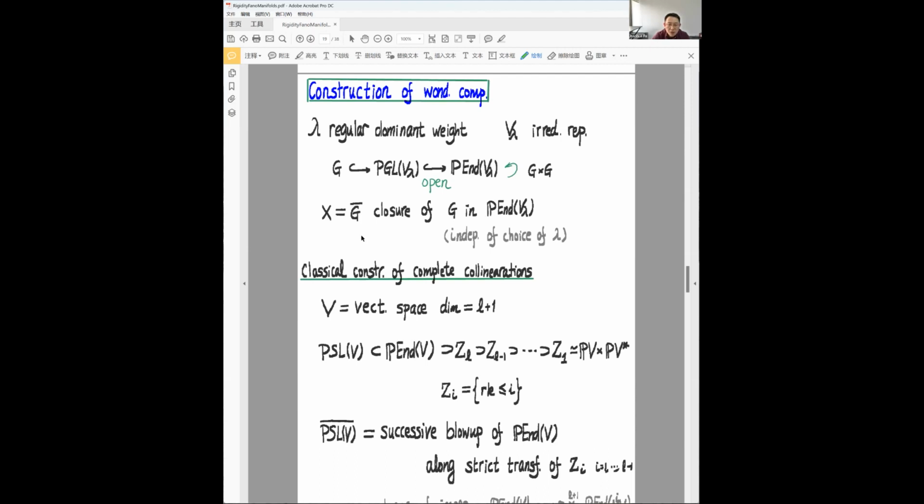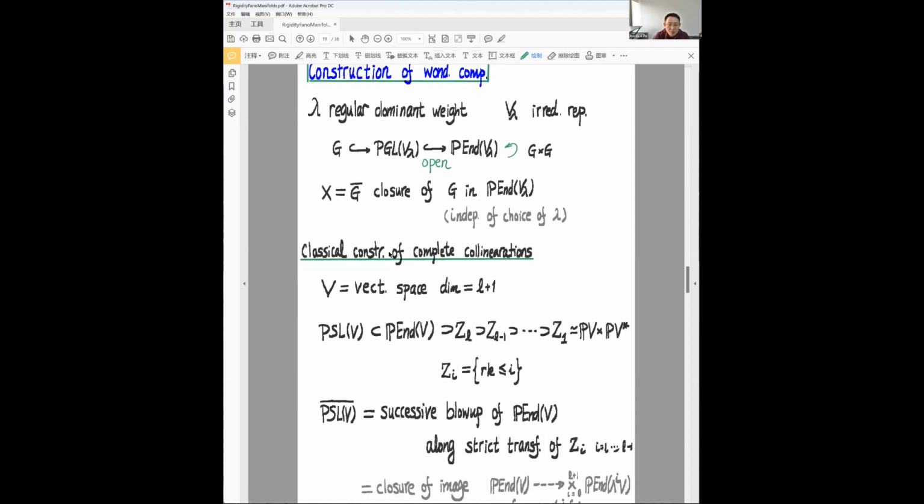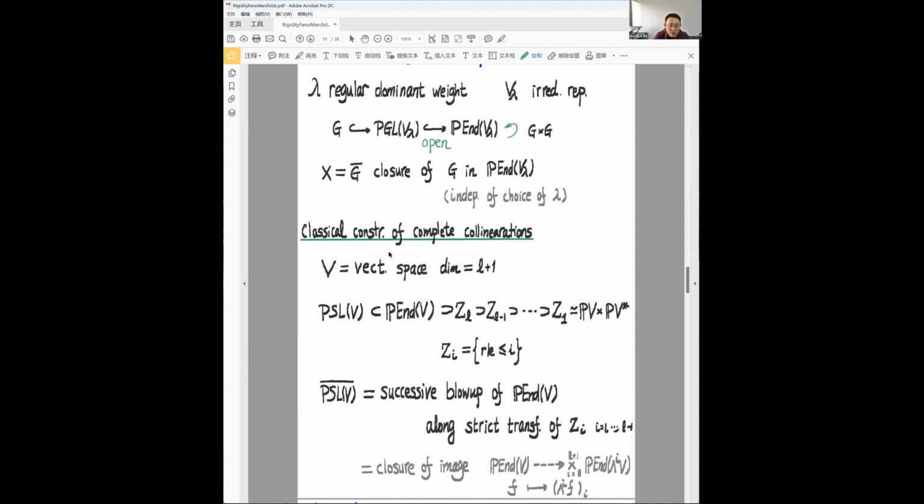In the case of type A, this wonderful compactification can be constructed by explicit blow-ups.